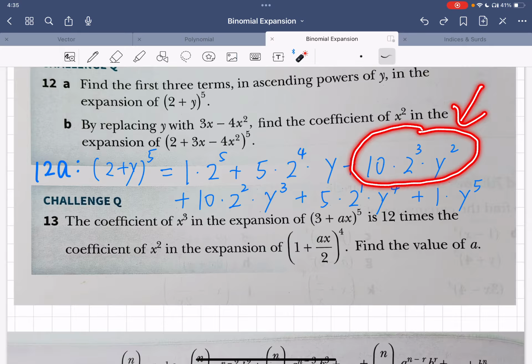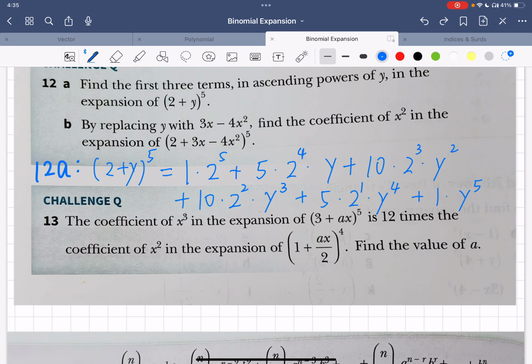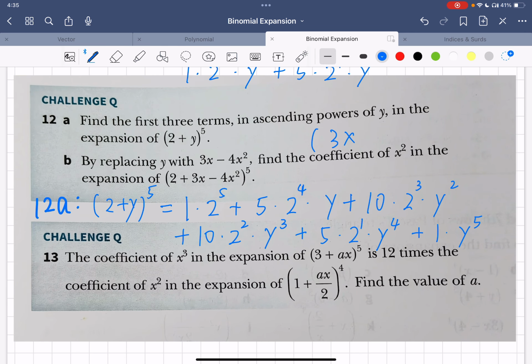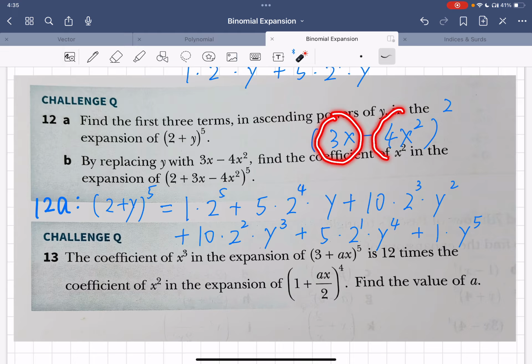Here's the trick. Because when substituting this term equals y, there is already an x and an x squared, so 3x minus 4x squared. If you square the whole thing, which is y in this case, you might find that here can be a square, and here can be a power higher than 2.